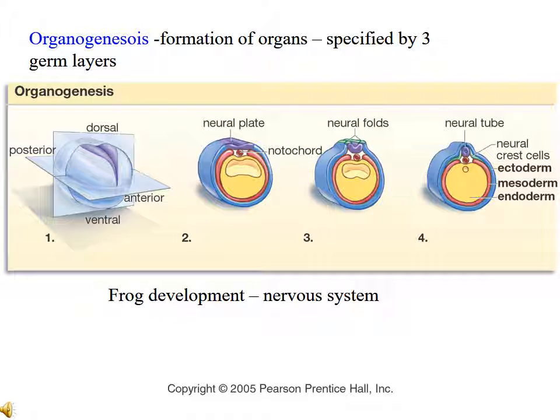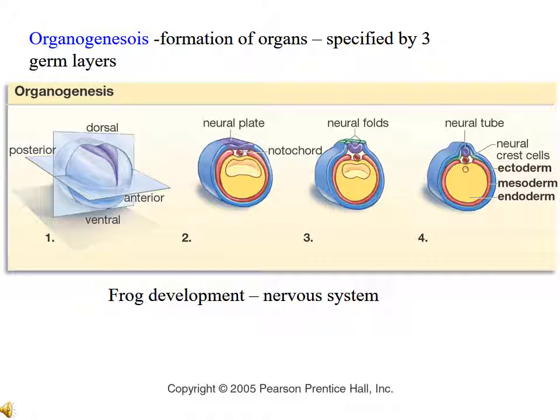So let's look at how this process works in organogenesis, which is the formation of organs. Again, the formation of organs is determined by the ectoderm, mesoderm, and endoderm. The example I'm showing you here is the formation of the nervous system, which arises from the ectoderm.